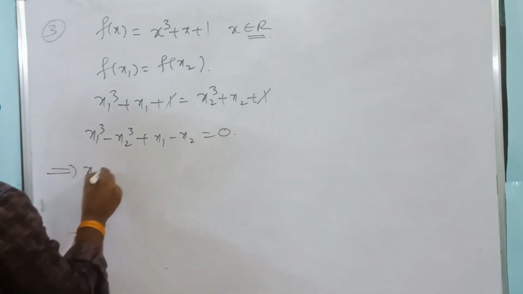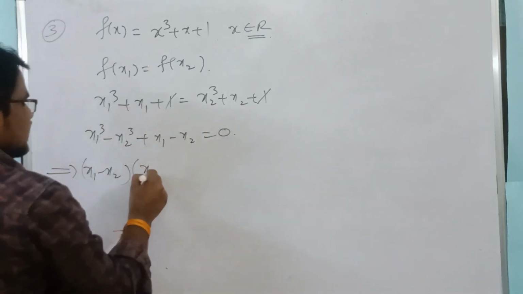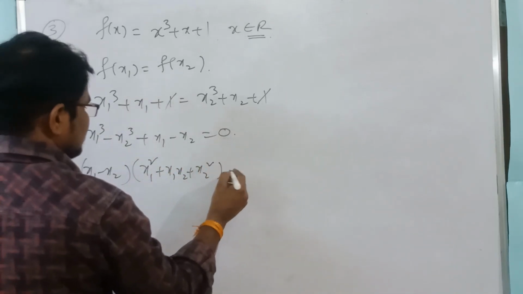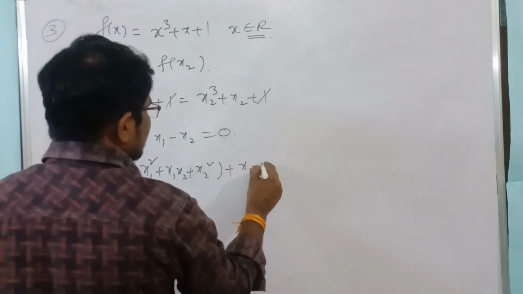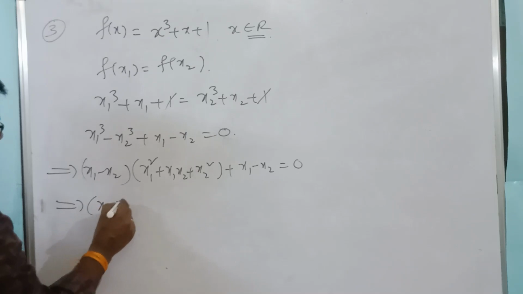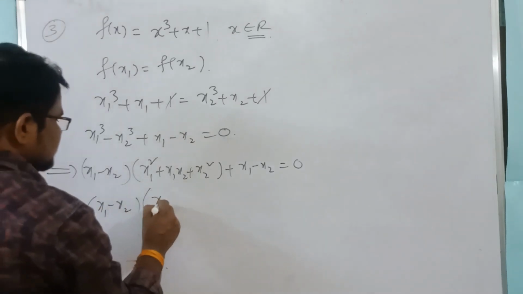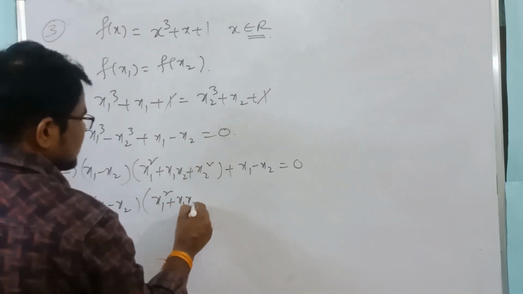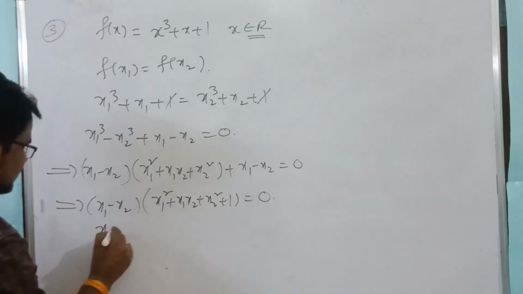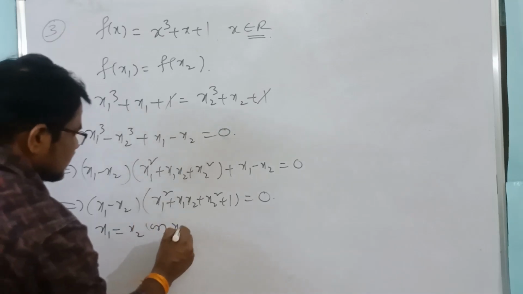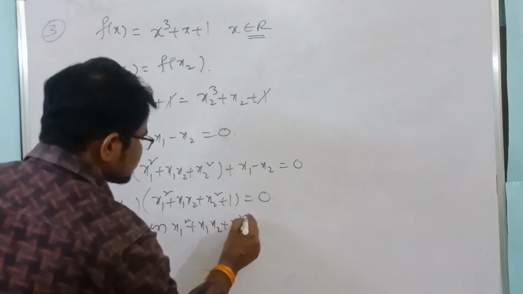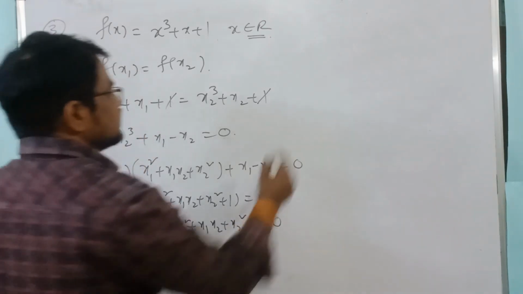That implies x1 minus x2 into x1 square plus x1 x2 plus x2 square plus x1 minus x2 equal to 0. Take x1 minus x2 common. So what is remaining? x1 square plus x1 x2 plus x2 square plus 1 equal to 0. Now here x1 equal to x2 or x1 square plus x1 x2 plus x2 square plus 1 equal to 0.